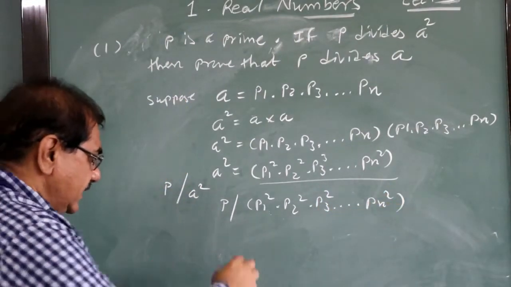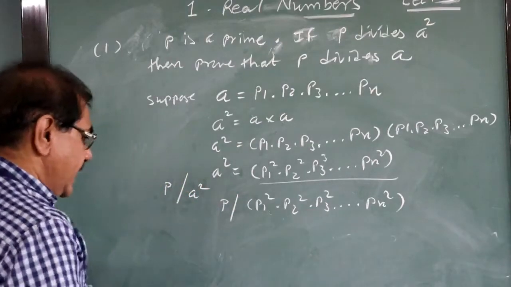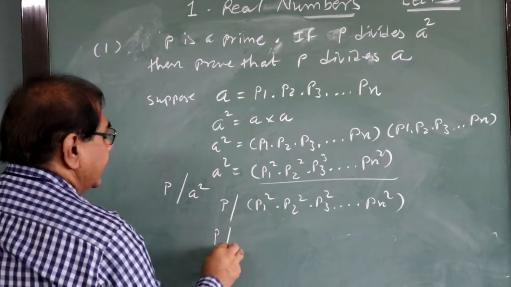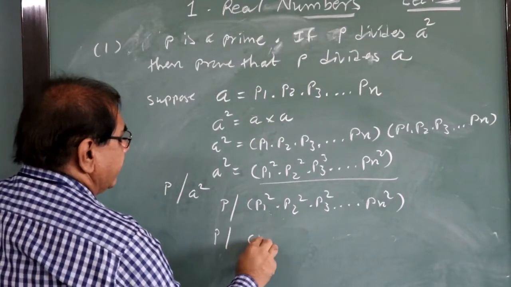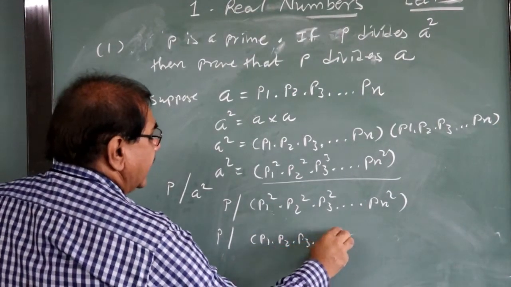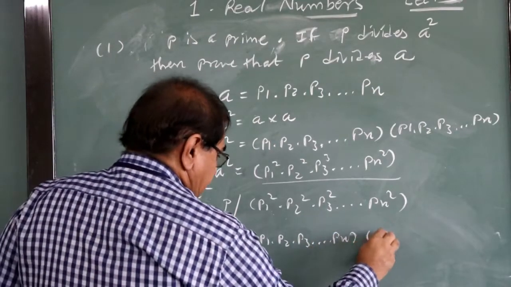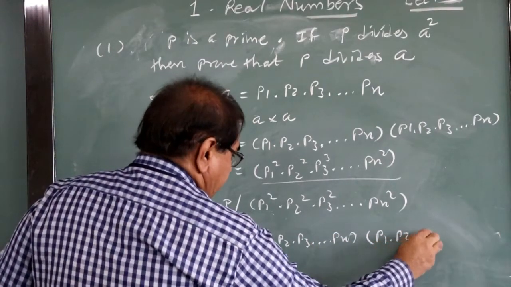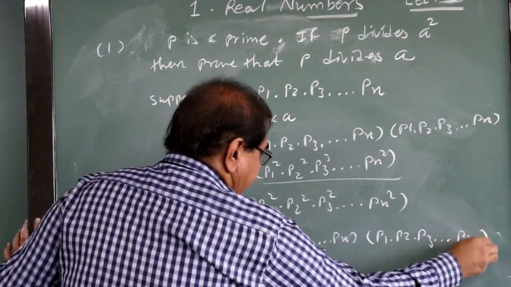So P is one of the factors of this, and this is what? It is P1 into P2 into P3 up till Pn into P1 into P2 into P3 up till Pn.